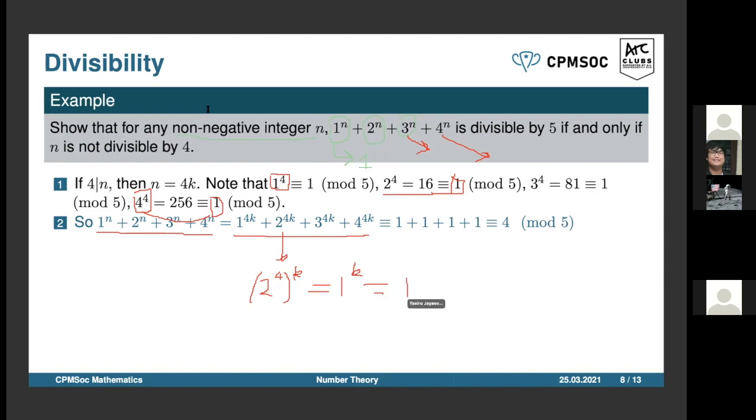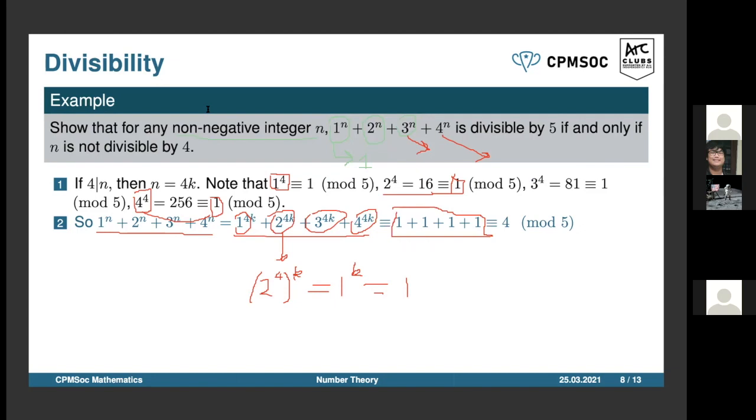And in fact, we can do the same thing for all these powers. If you do the same process for all these 4 powers, it turns out that adding these 4 massive numbers together is just the same as adding 1 plus 1 plus 1 plus 1 in modulo 5. And that gives you 4 modulo 5.